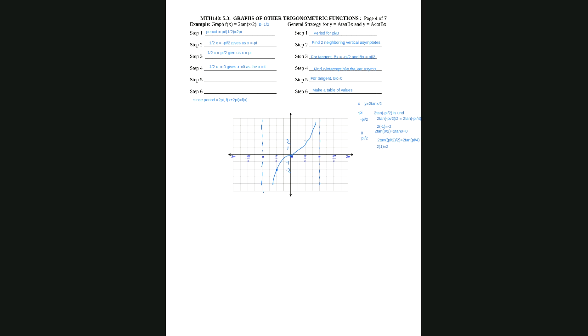So f of 0 plus 2 pi will equal f of 0. So that means that f of 2 pi equals f of 0. And since f of 0 was 0, that means f of 2 pi will also equal 0. So I can go ahead and plot a point here. And then I know that I'm also going to have a point right here.